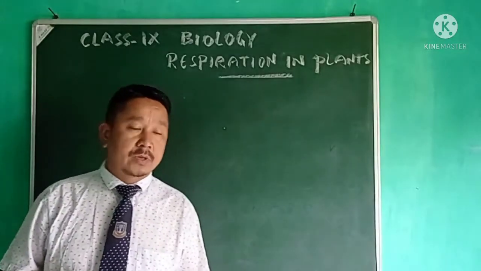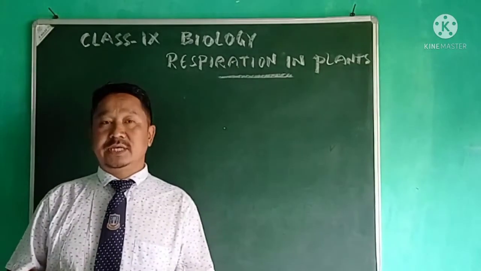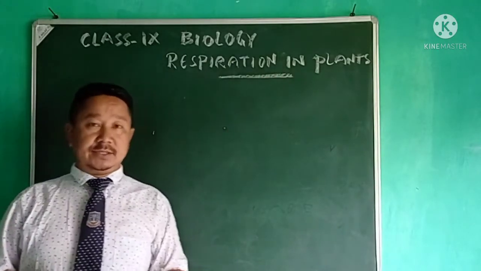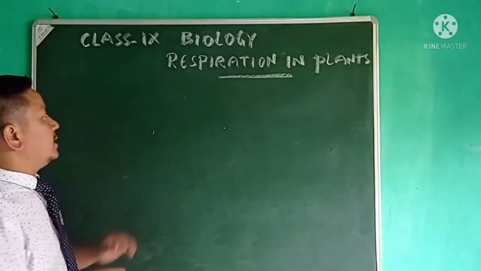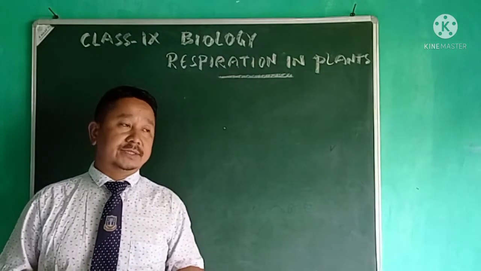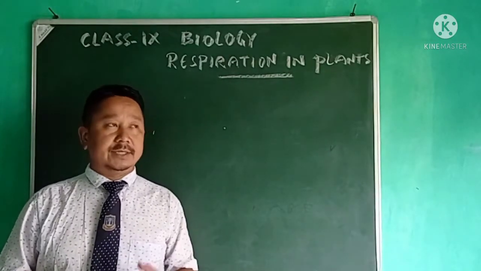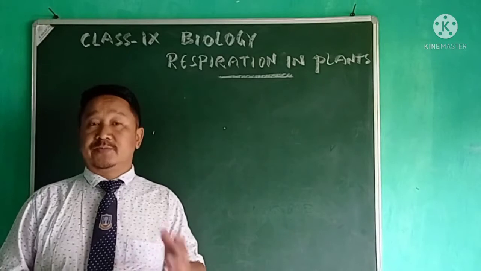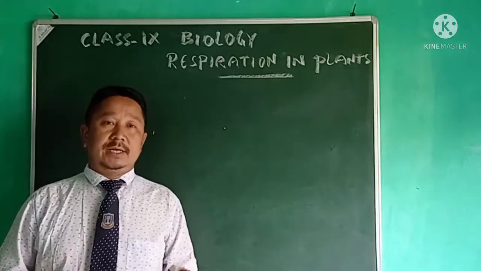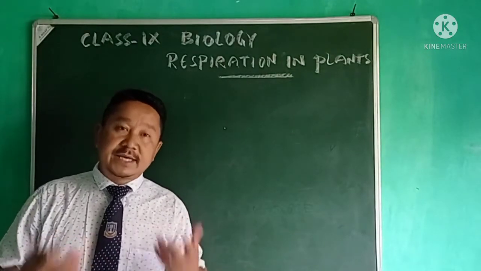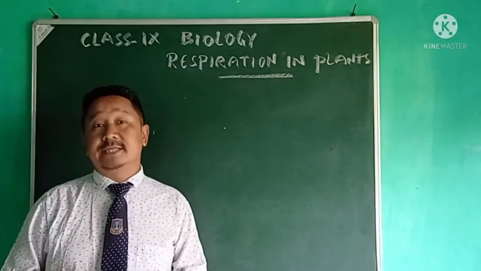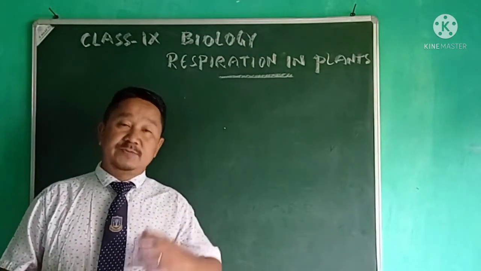Dear children, we'll start a new chapter, chapter number 7, respiration in plants. Respiration in plants is not different from respiration in animals; respiration means the same everywhere, whether it is a plant or an animal. So what is respiration?